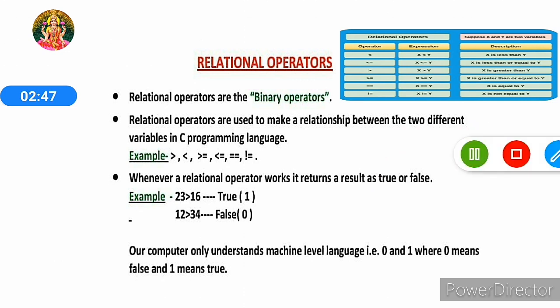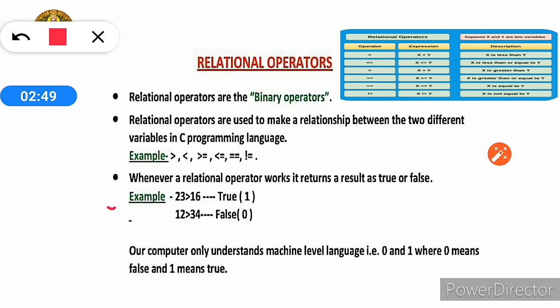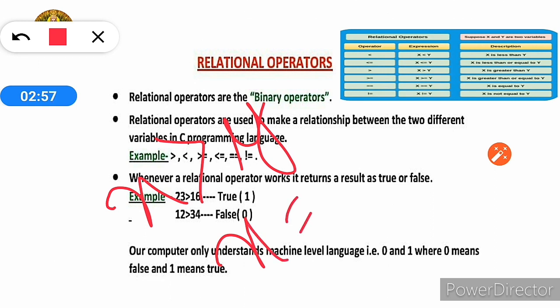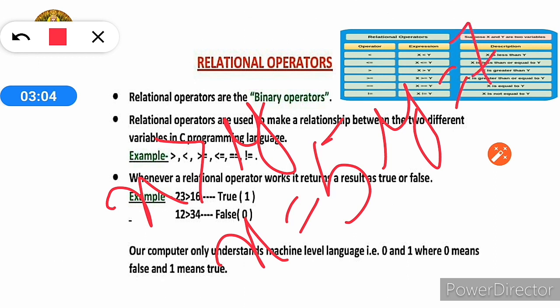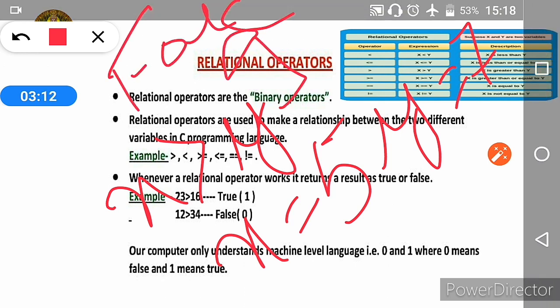Suppose, for example, x greater than y, where x equals 5 and y equals 7. Is 5 greater than 7? No. So the compiler will return false, which is 0.